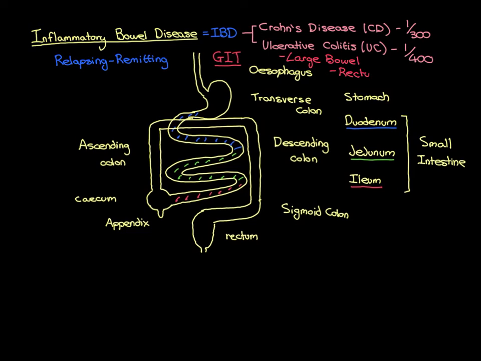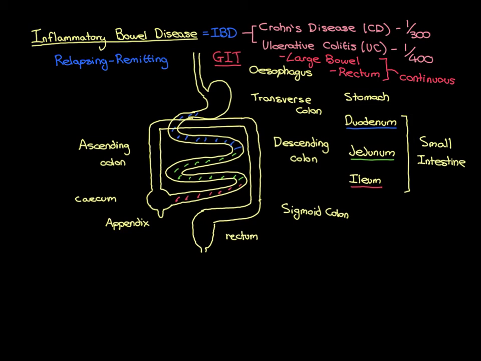Now, an important thing to say about ulcerative colitis, and one of the major ways in which it differs from Crohn's disease, is that the portion of intestine that it affects is a great big continuous lump. Now, what do I mean by that? What I mean is that you don't have a bit up here that is affected and a bit down here that is affected. You don't have patches of the intestine affected by ulcerative colitis. You have one great big continuous patch.